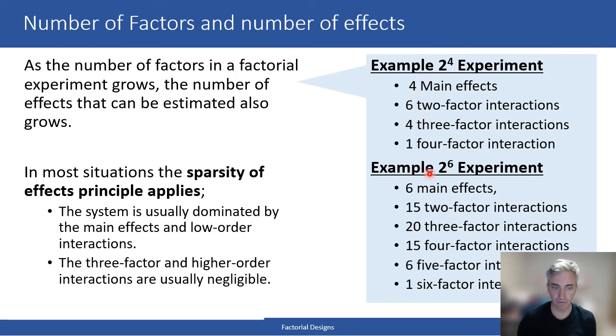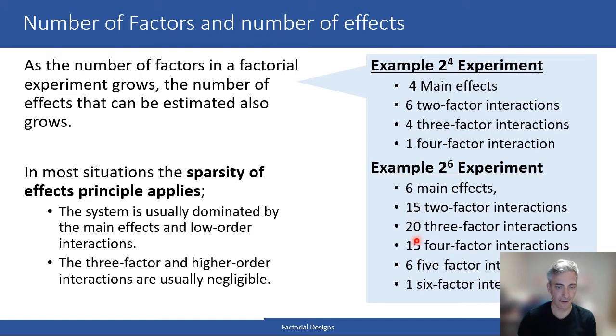Or if we increase the number of factors to 6, we'll still have 6 main effects, 1 for each factor, and 57 interactions that can be calculated. If you're doing this by hand, it will take forever, but there are a lot of calculations that we could do to understand which factors and which interactions are significantly impacting the performance of our design or our experiment.